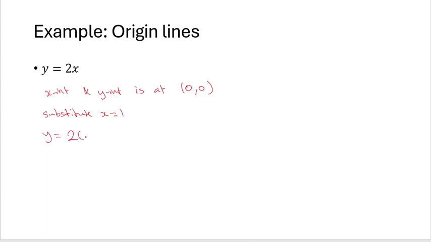So y equals 2 times (1), and 2 times 1 equals 2. That means the coordinate point will be (1, 2). That's the second coordinate point right here. Very, very important, okay?